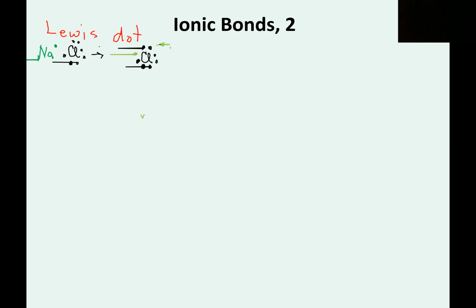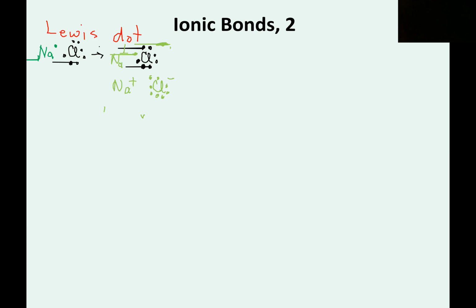So it's going to wind up with a negative charge. Sodium, on the other hand, is not going to have any, and it's going to have a plus charge. Chlorine is going to have a negative with 8 electrons around it for sodium chloride.